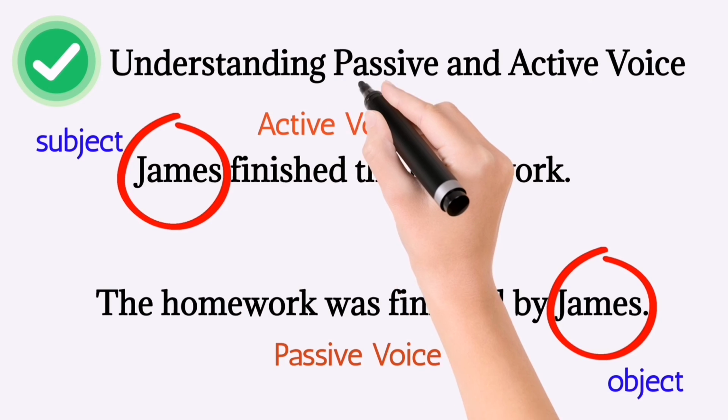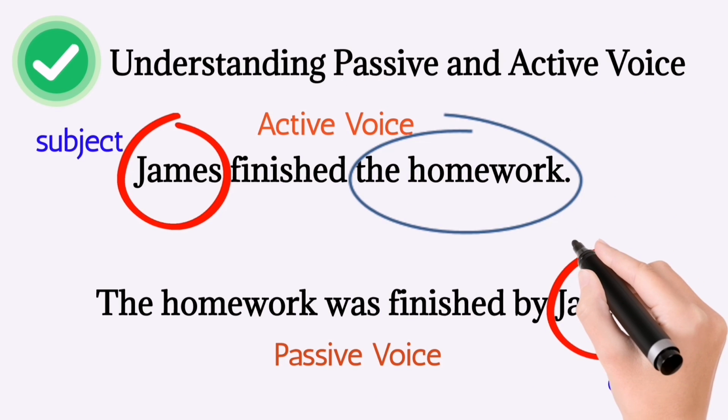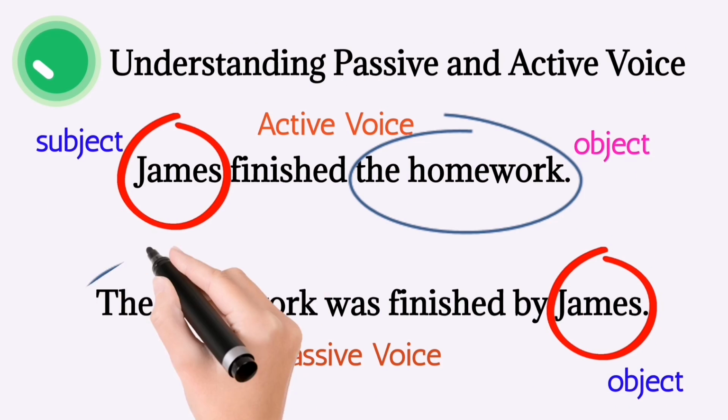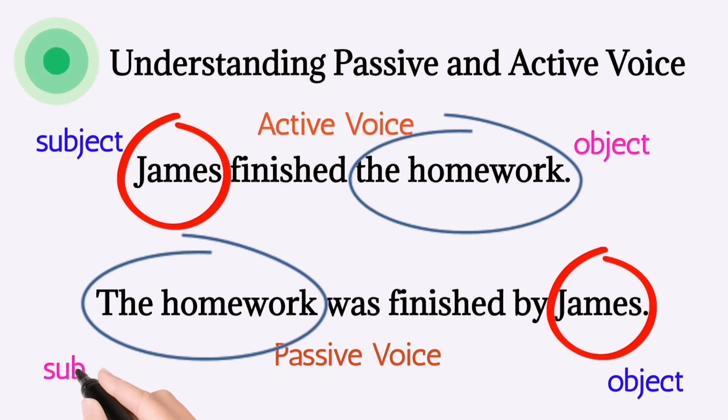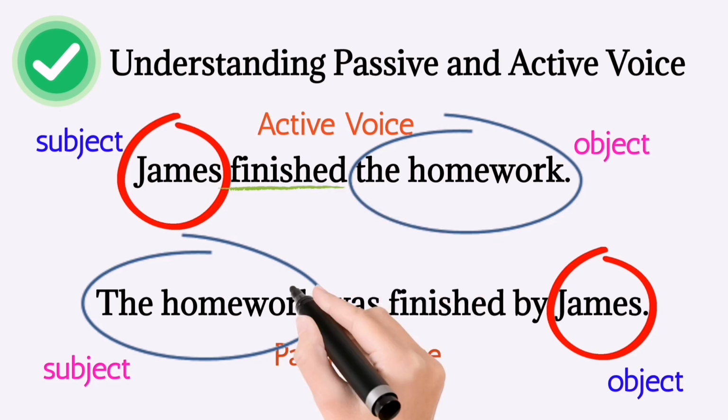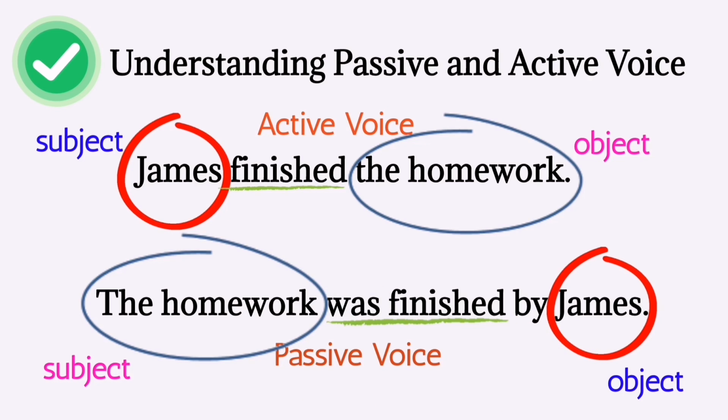In active voice, the object of the sentence is the homework, while in passive voice, it becomes the subject. Did you see the difference between the two? Did you notice the changes in the verb use? But the rules in changing the verbs will be discussed in the next video, transforming active voice and passive voice.